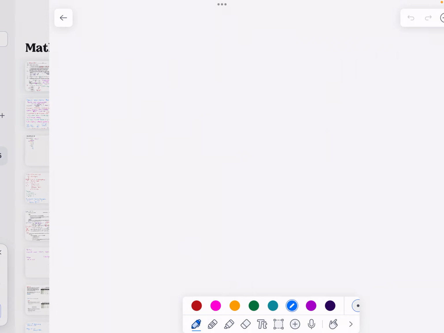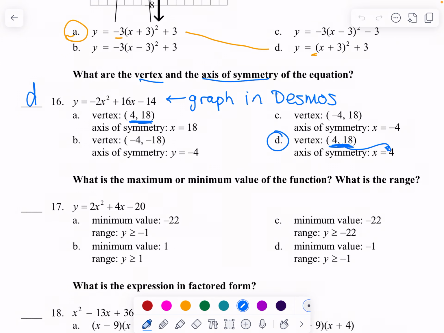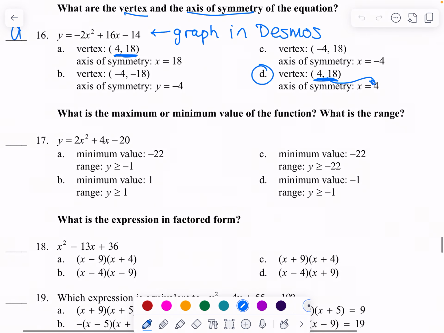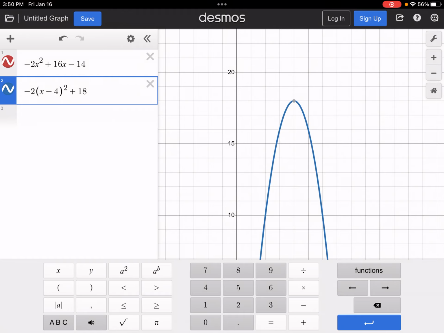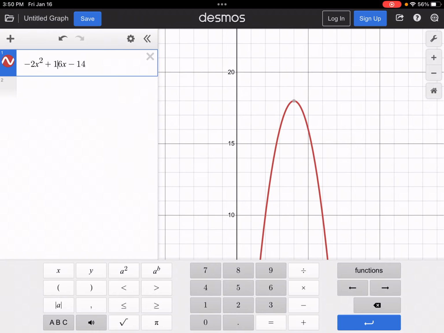Okay, so now we want the maximum or minimum. Again, we're going to graph in Desmos. The max and the min is going to be the highest or the lowest, and then the range is going to be either up or down from there. So 2x squared plus 4x, and then it was minus 20.